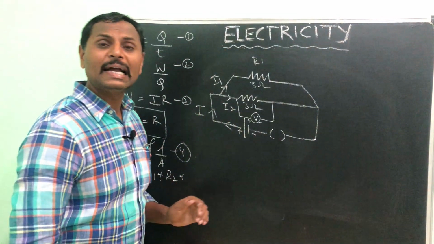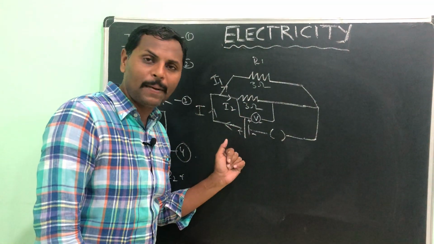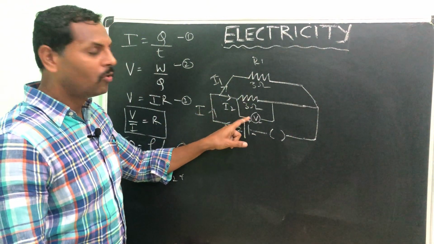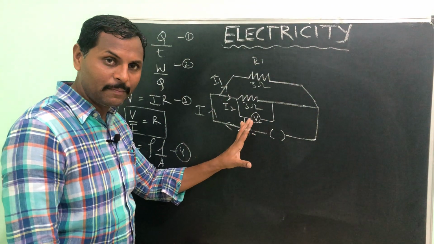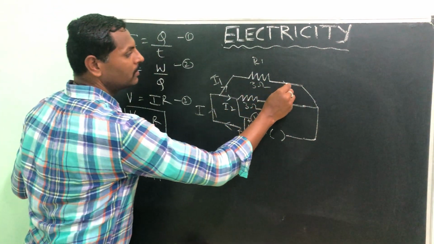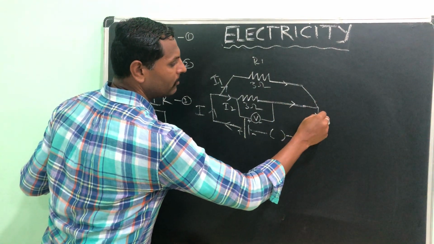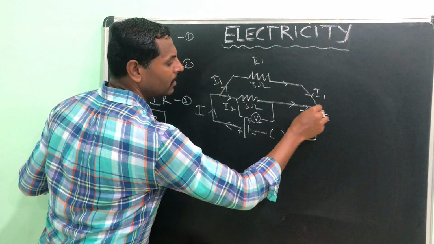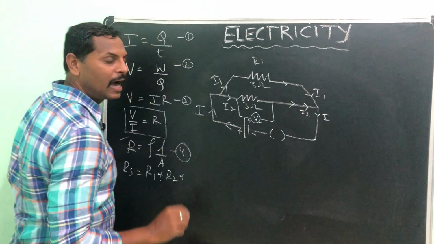So if you are connecting the resistances in parallel, then the voltage remains the same between the two ends. So I1 and I2 will move like this, and once again this is I1 and this is I2. Here both will add and become I itself only.